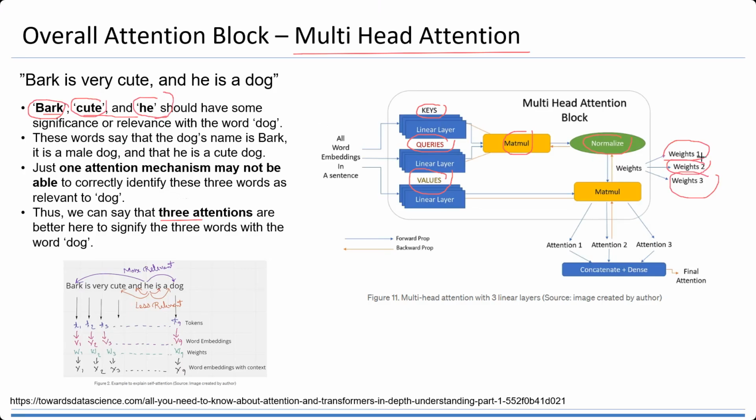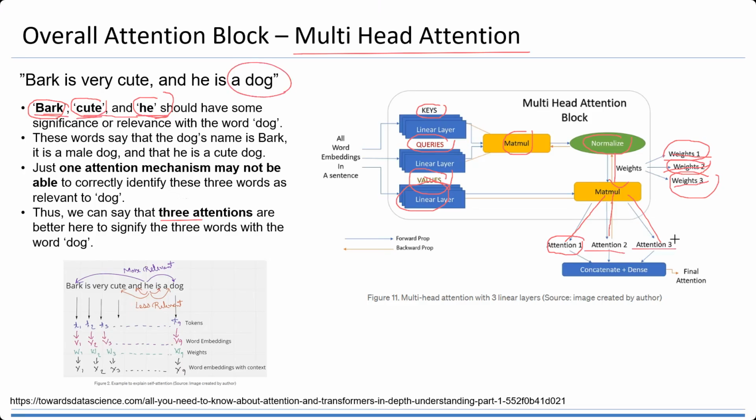So after we have these 3 attention, then we can do the multiplication with the value, and we will get 3 kinds of attention. Attention 1, which is about the word Park, the attention 2, which is about the word cute, and the attention 3, which is about the word he, to represent dog.